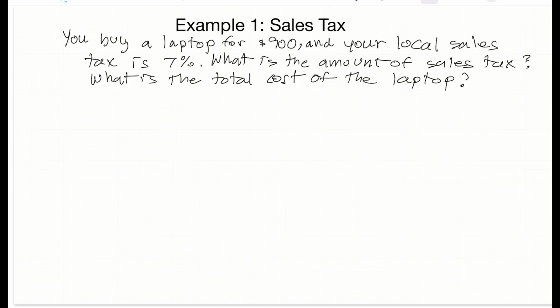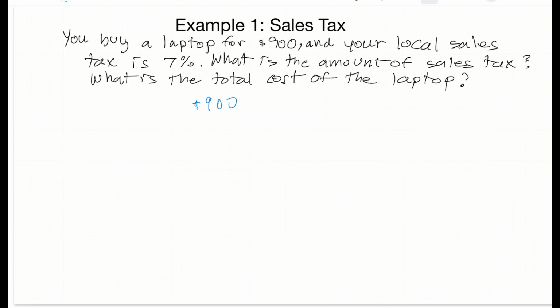Example 1, sales tax. You buy a laptop for $900 and your local sales tax is 7%. What is the amount of the sales tax? And part 2 is what is the total cost of the laptop? So in this case, you're going to be dealing with $900.